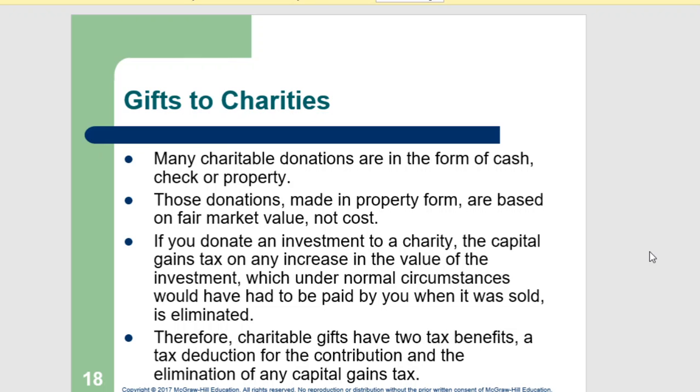They can be property, they can be investments. So this is where this gets interesting. Let's imagine that you have a portfolio of stocks, maybe 15 stocks, and one of them just really took off.